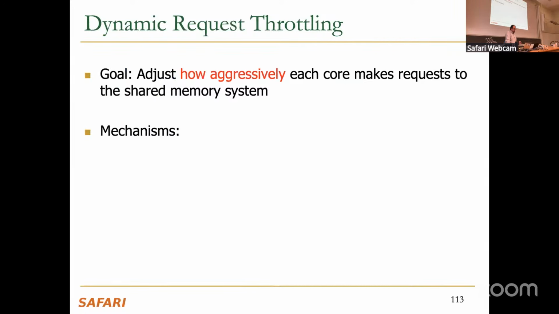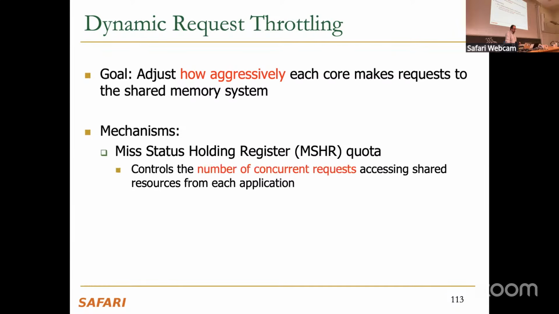So how can we adjust the aggressiveness of the different cores? We have different mechanisms here. One way would be to reduce the MSHR quota. We have this miss status holding register, MSHR, in the processor, with which you can keep track of how many outstanding memory misses you can have.